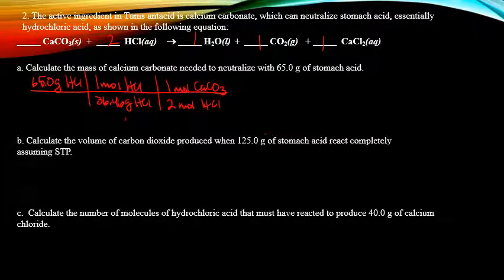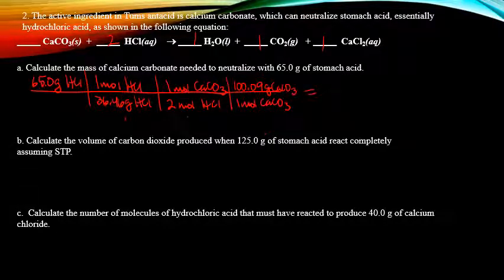And now finally, we need to convert to mass of the calcium carbonate. So using your periodic table once more, you have 1 mole of the calcium carbonate in the denominator, and we should have 100.08 or 09 for my grams of calcium carbonate.